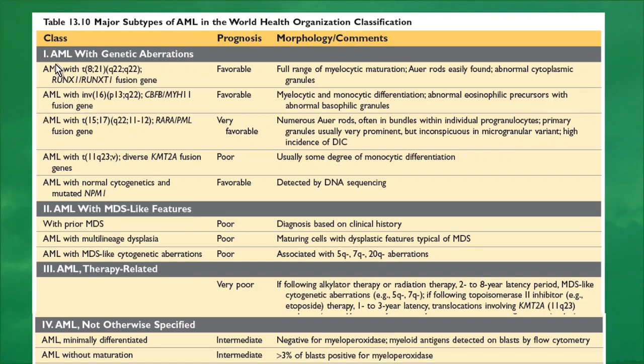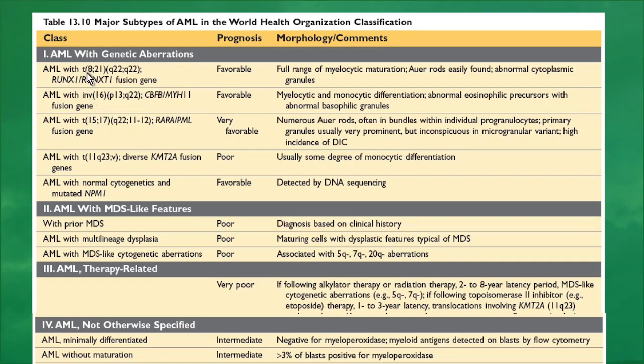The first class is AML with genetic aberrations. They are classified under one group because they have specific changes or clinical features and even therapeutic implications due to these genetic aberrations.